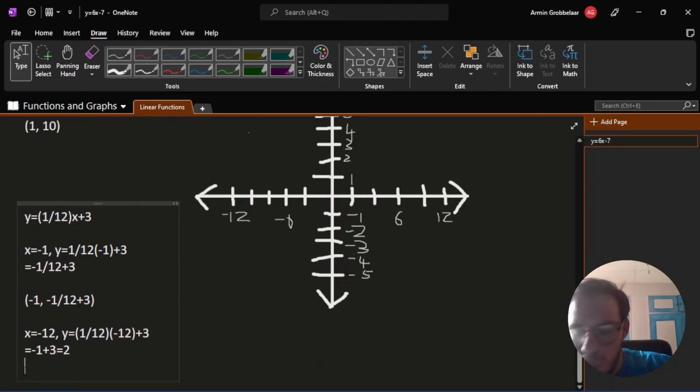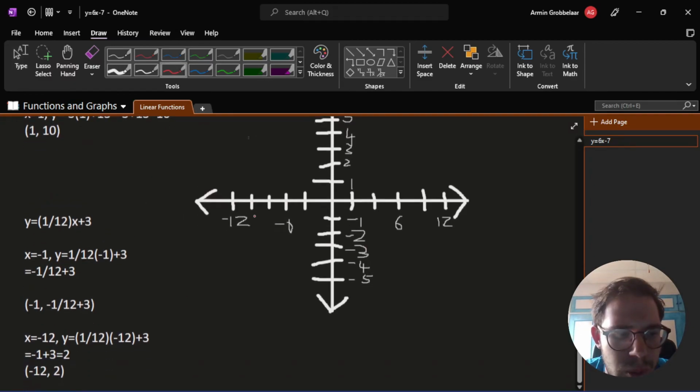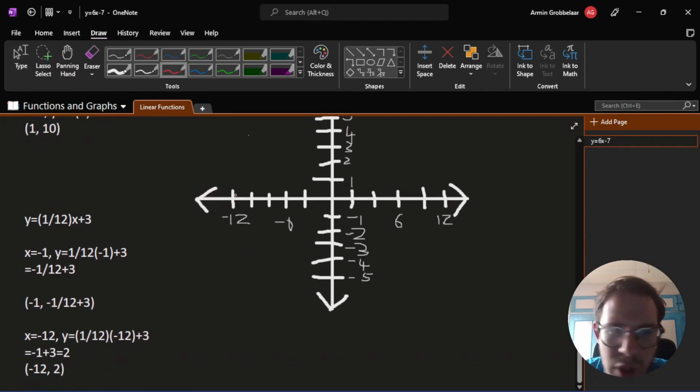So now we know our first point is minus 12, 2. So I'm going to draw that in. So we take minus 12 and 2. So that's the point there. Sorry for the bad drawing.